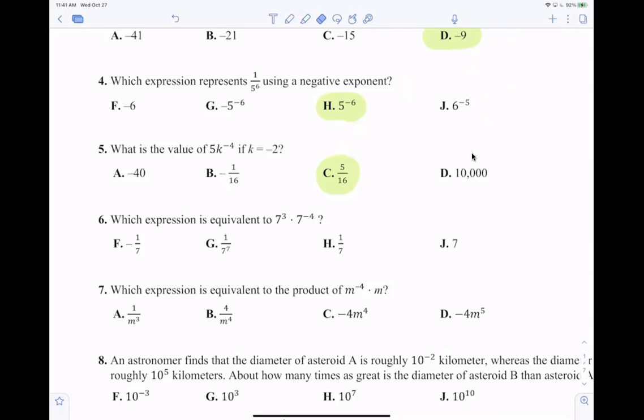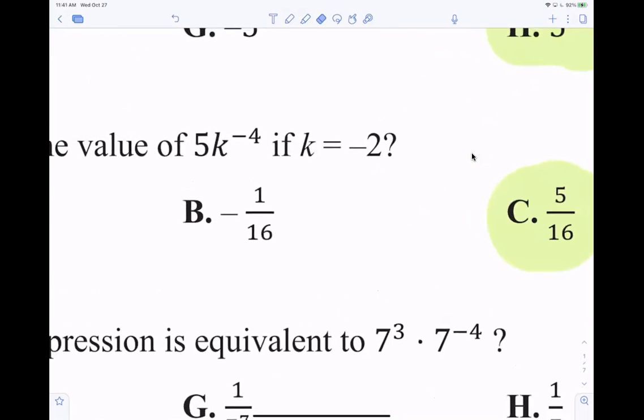A better point is to say, look, anything negative to an even power is automatically going to make the answer what? Positive. Are you hearing me? Negative to an even power is what? Positive. Negative to an odd power is what? Negative. All right. Make your note if you don't know that.